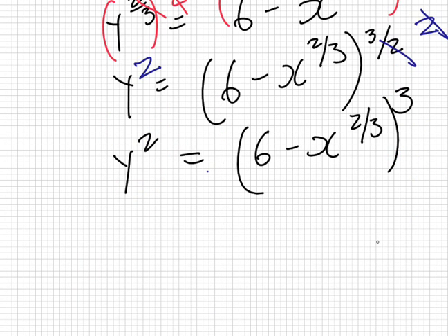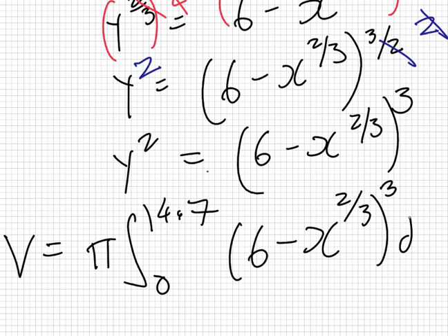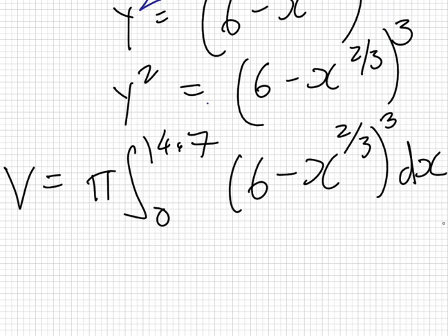So I can put this in my formula. Volume equals pi, integral from 0 to 14.7, of 6 minus x to the power 2 over 3, cubed, dx. Now, how do we take care of this?